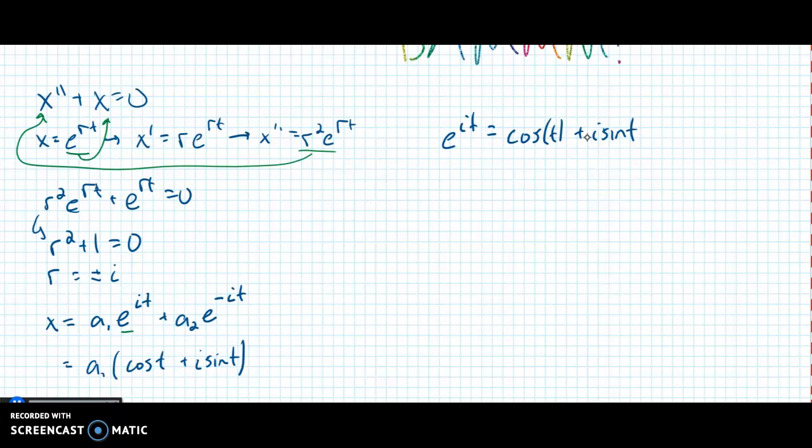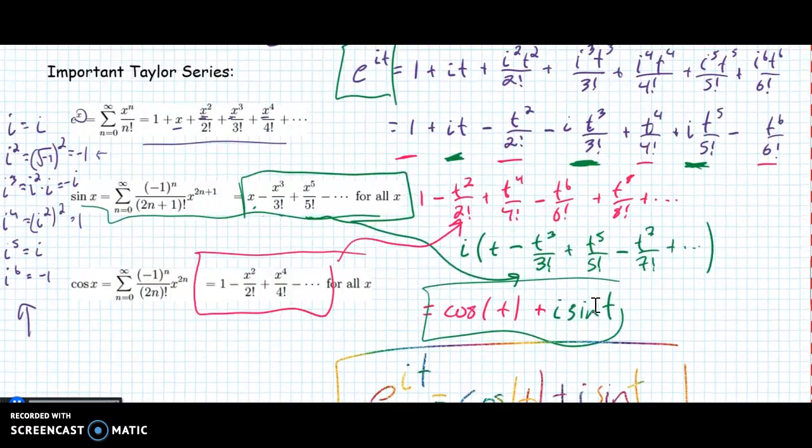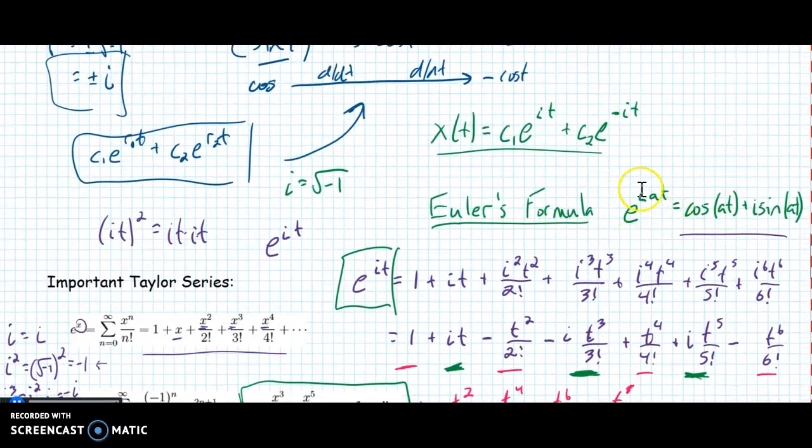So the next thing I need to do is this term, which has a negative i. Now I'll work it out here, but the formula you should just know eventually. E to the negative it, well, that's equal to cosine of negative t. Why is that? Because, did I write Euler's formula up here? You could have A's, right?